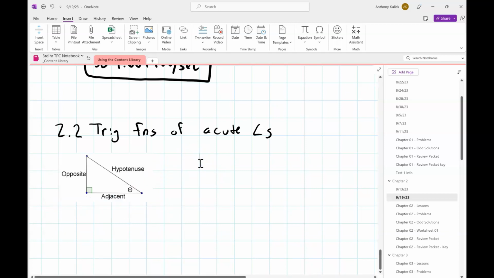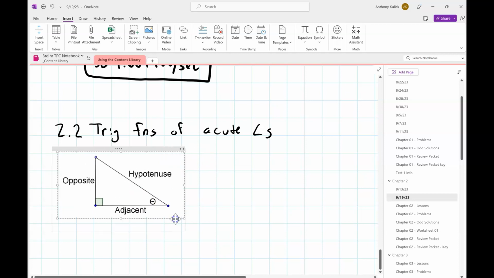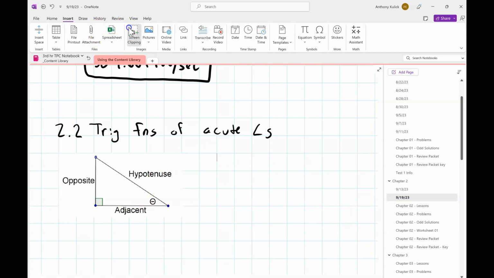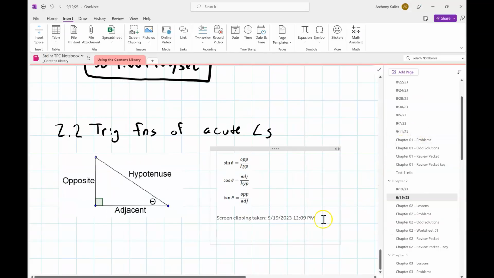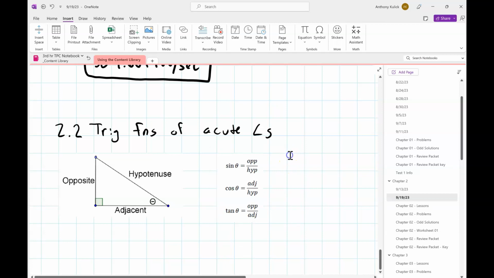So if I have some right triangle with angle theta, and I label the sides opposite, adjacent, and hypotenuse respectively, SOHCAHTOA tells me that sine is opposite over hypotenuse, cosine is adjacent over hypotenuse, tangent is opposite over adjacent. Everybody's cool? Was that trig sum? FNS is just short for functions.